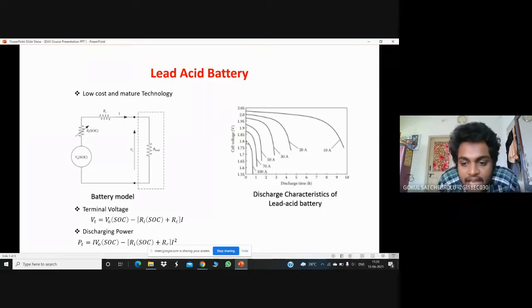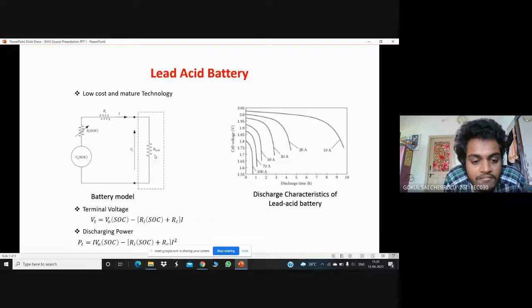These characteristics are modeled as shown in the circuit diagram. This is the circuit of the lead acid battery model. During discharge, the terminal voltage is Vt equals V naught minus (Ri plus Rc) into I. Here V naught is the open circuit voltage, and Ri is the internal resistance.